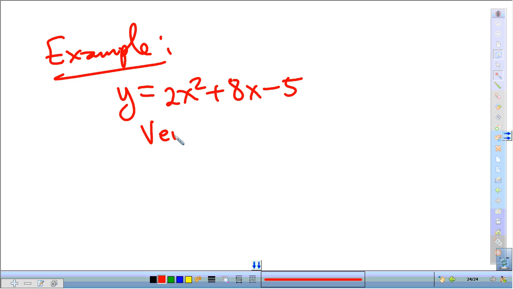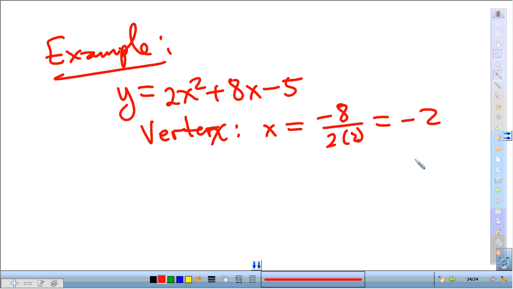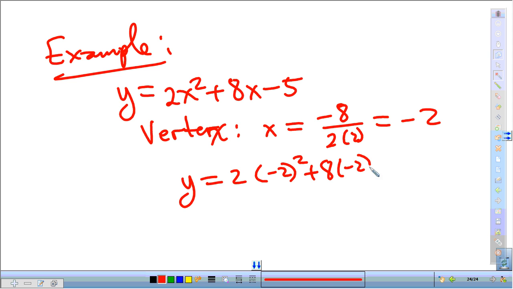If we find the vertex, we would have a coordinate of minus 8 over 2 times 2, or in this case, minus 2. The other coordinate of the vertex then is substitute minus 2 back into the equation and compute that coordinate.